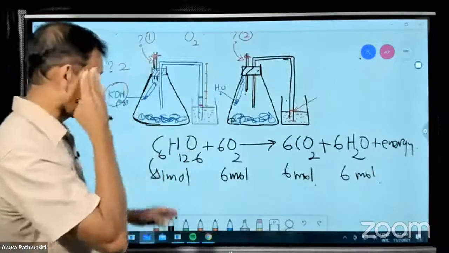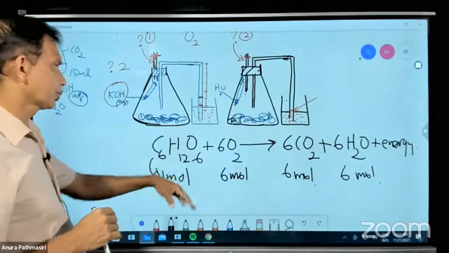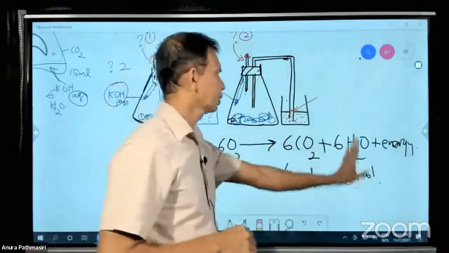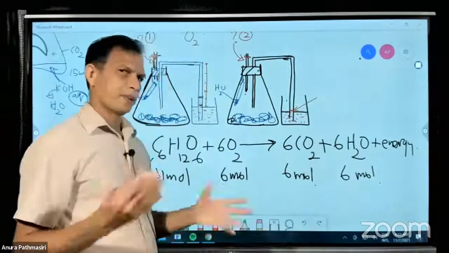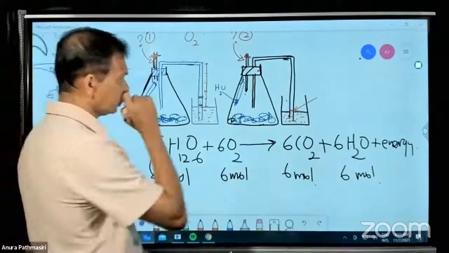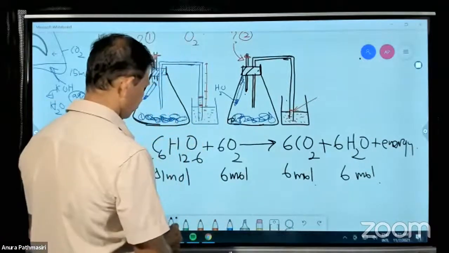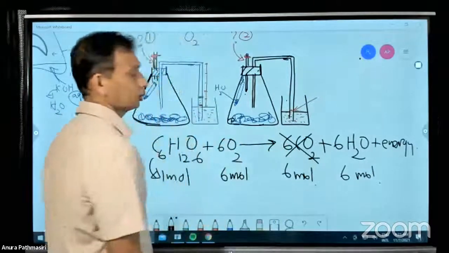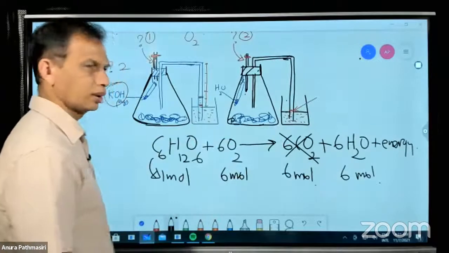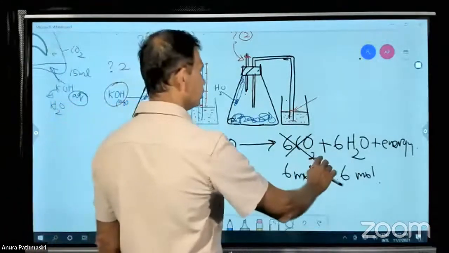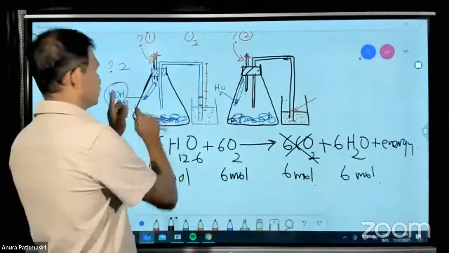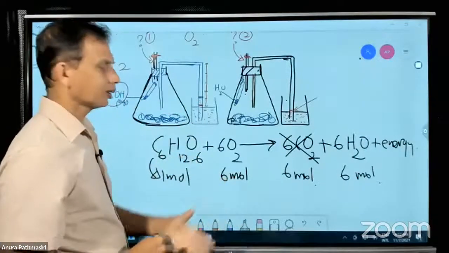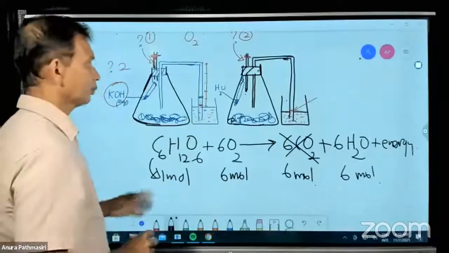So as you can see, 1 mole of glucose and 6 moles of oxygen, 6 moles of carbon dioxide, 6 moles of water. So if you remove carbon dioxide by potassium hydroxide, carbon dioxide dissolves in it, and potassium carbonate can be produced because of that.